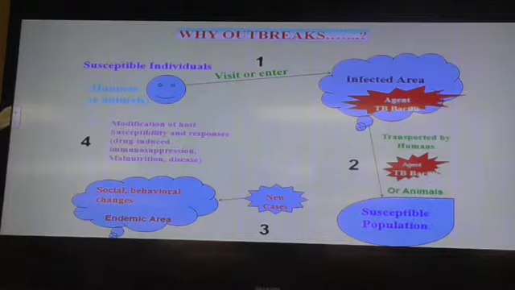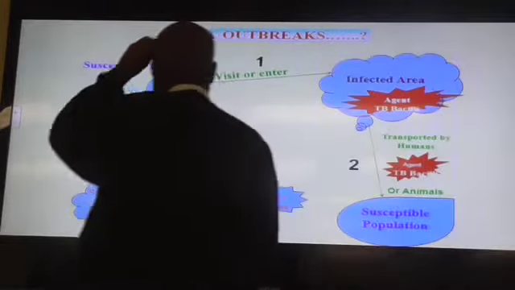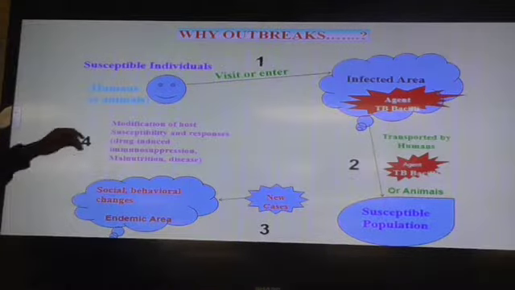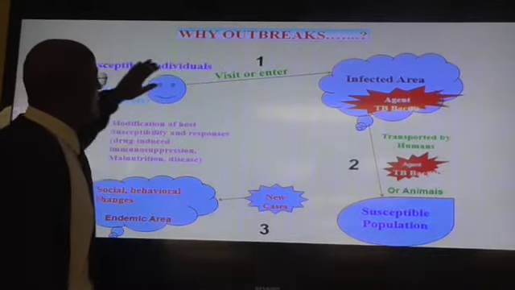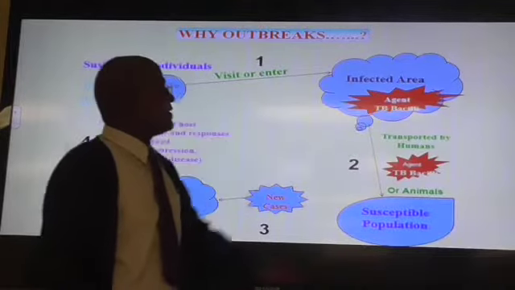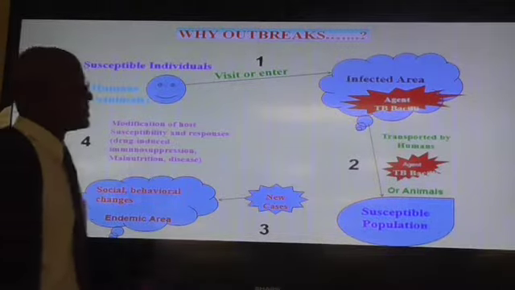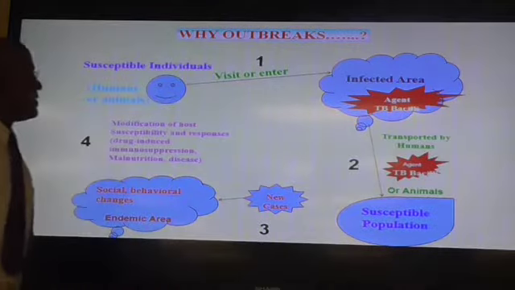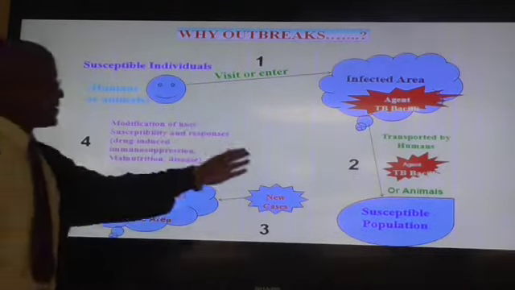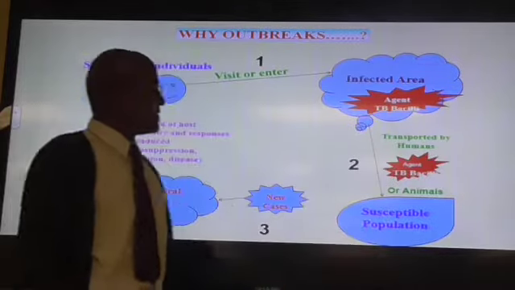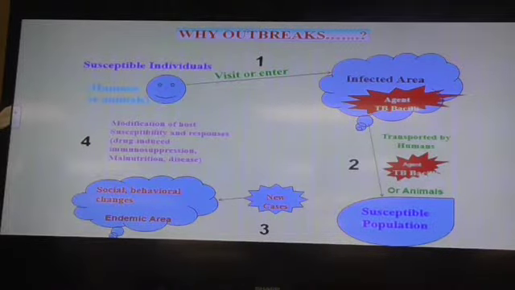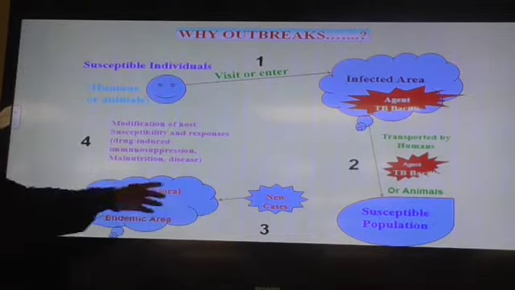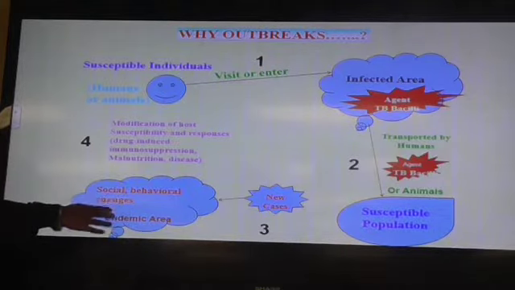So this is again the same thing in picture. The first one is susceptible individuals entering infected area. This one, the agent is transmitted by humans and reaching a susceptible population in that case. And then the third one is disease of low endemicity.